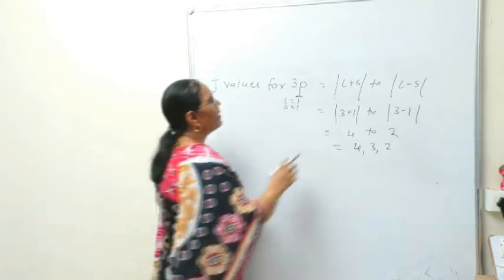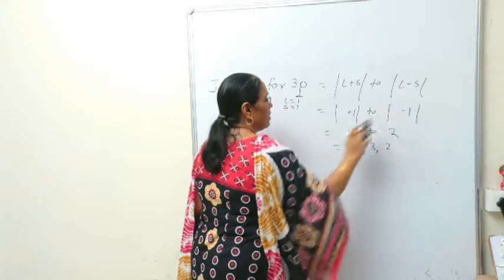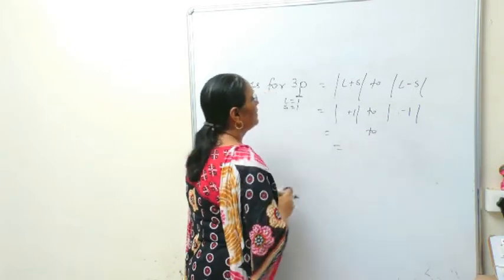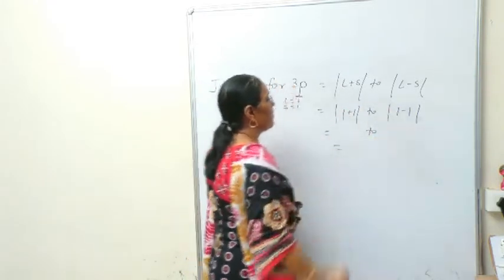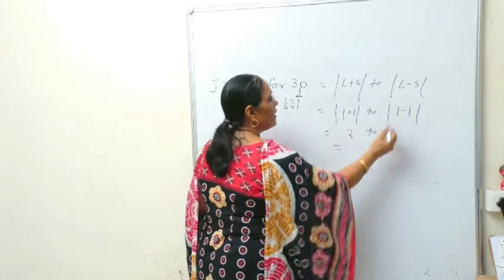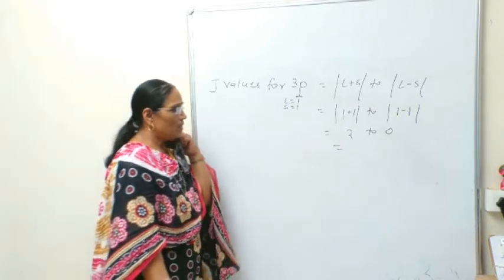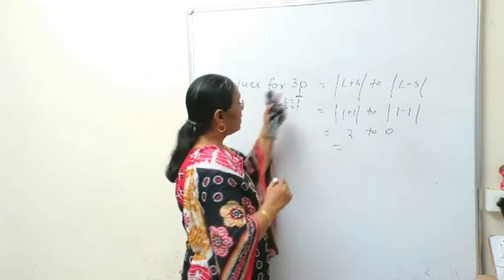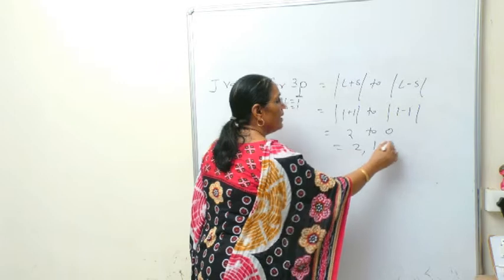So we can write down these L values and obtain the J values as 1 plus 1 to 1 minus 1. So 1 plus 1 is 2 and 1 minus 1 is 0. So the J values from spin-orbit coupling for the triplet P term are 2, 1 and 0.